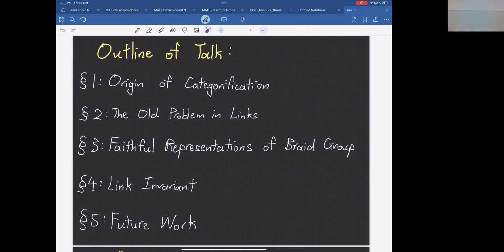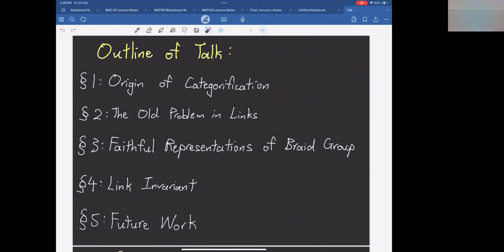First, I'll briefly mention the origin of categorification. And then we'll start with an old problem in links. Hopefully everyone can understand this part. Then we'll go through my main work on these faithful representations of braid group action.